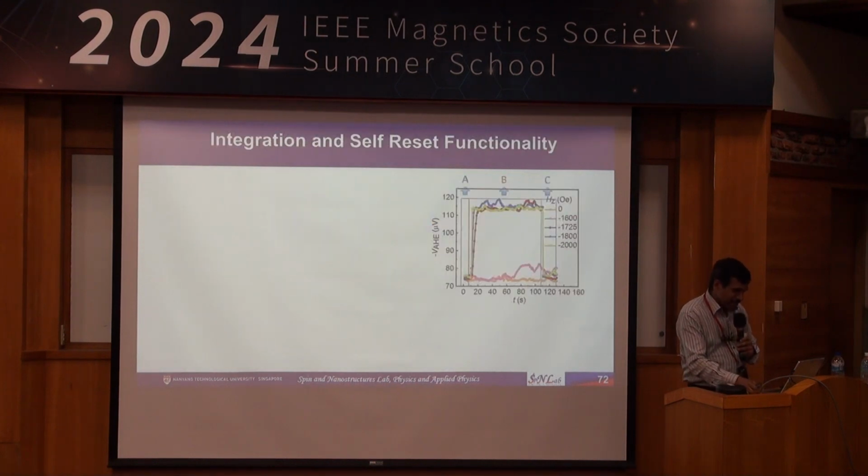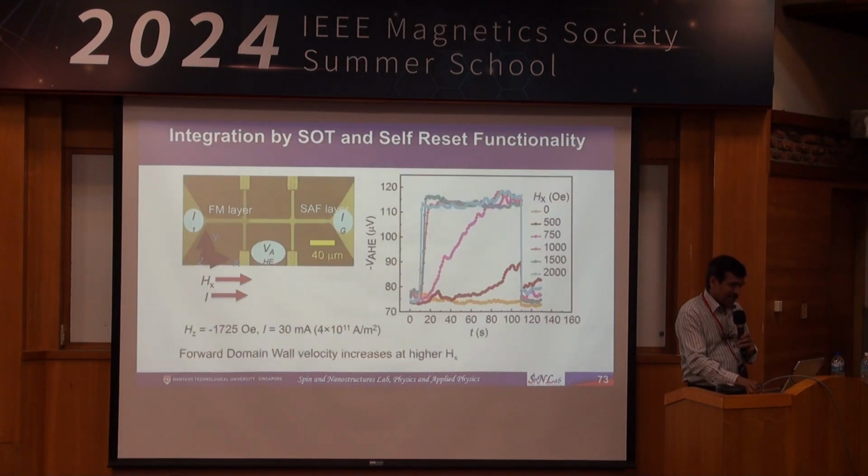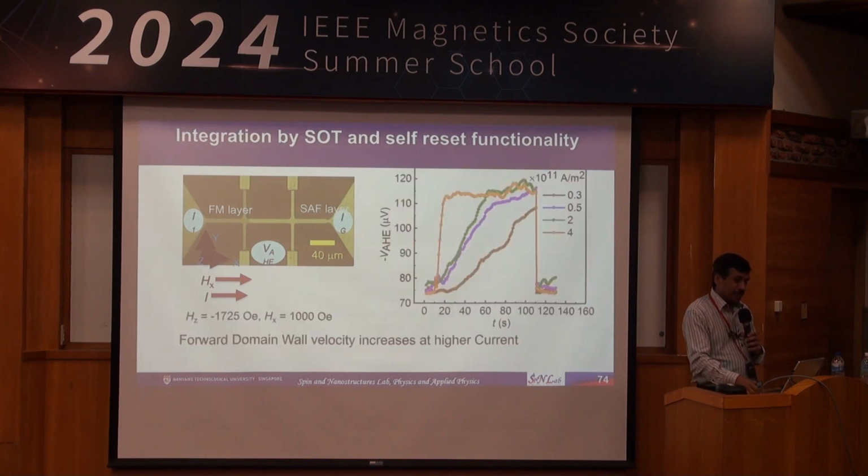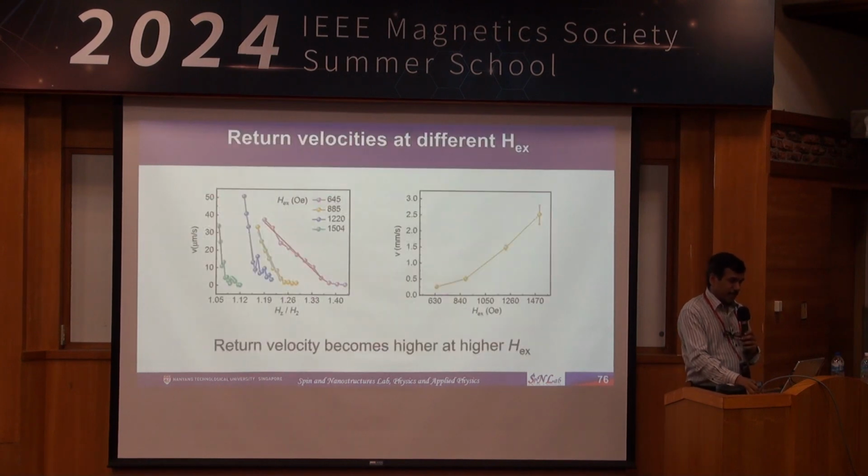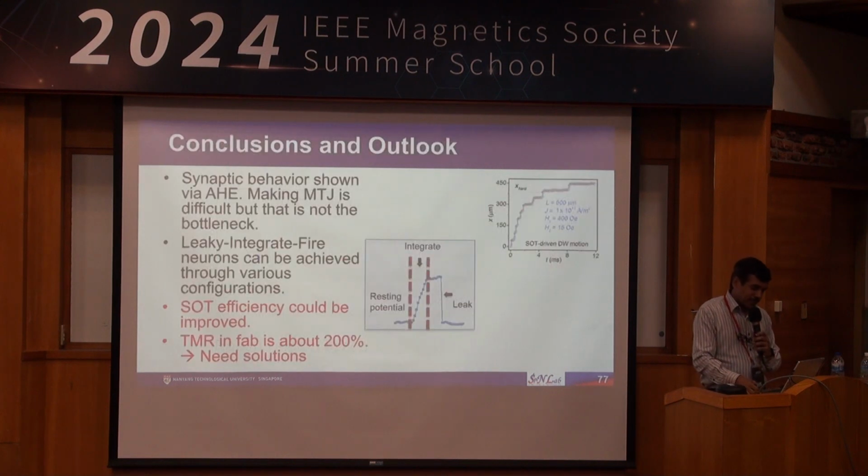Let me skip many slides, because here I wanted to give you a flavor of neuromorphic computing, how we can achieve it using magnetic domain wall devices. That's what I wanted to talk about. As a conclusion, we can demonstrate synaptic behavior of magnetic domain wall based devices.